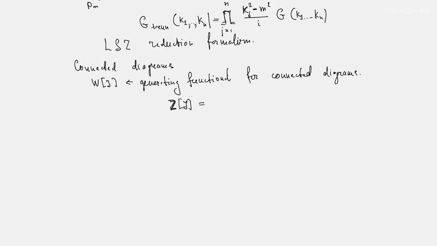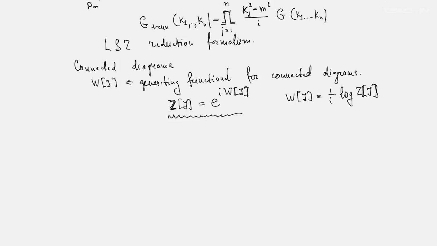Z of J is equal to exponential of iW of J. So this means that if you know W of J, then you can compute Z of J by taking the exponential. Another way around, if you know Z of J, then W of J is obtained essentially as the log of Z of J. Now, this relation between connected diagrams and all diagrams can be formally proven, and the proof is contained in my lecture notes.